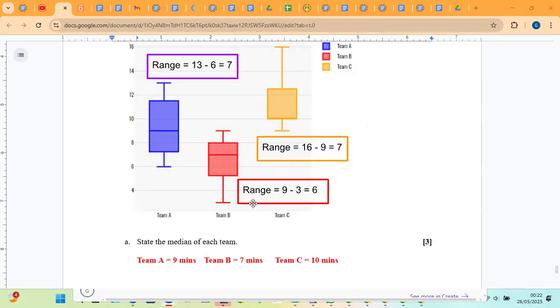And as you can see, team B has the smallest median. The median is an average. Most of the values for team B are between 5 and 8, which is the smallest group of times. So therefore, team B is the winner. Team B has performed the best.